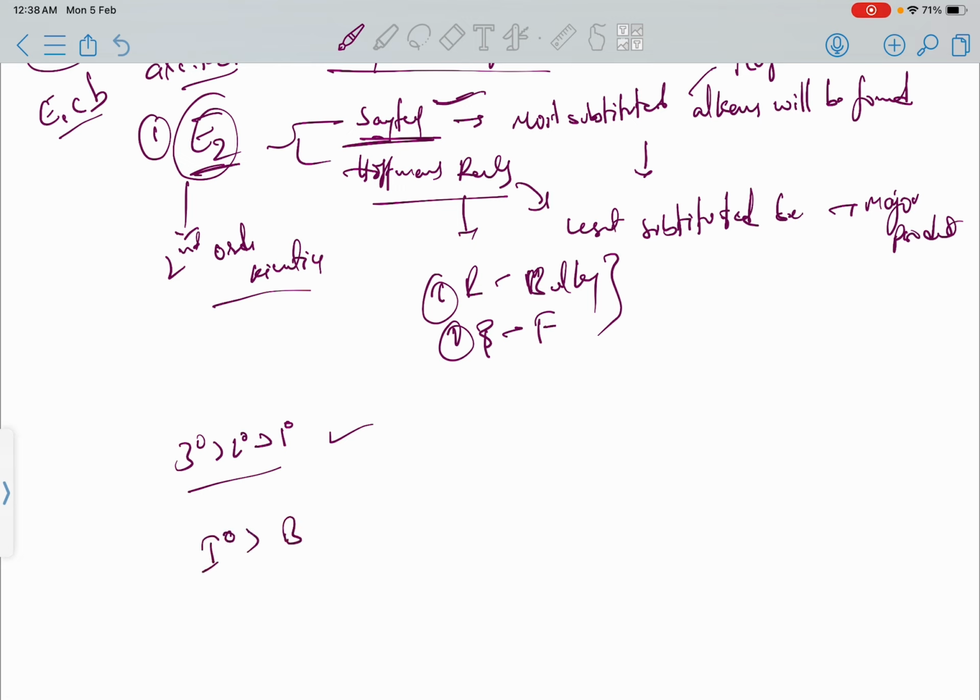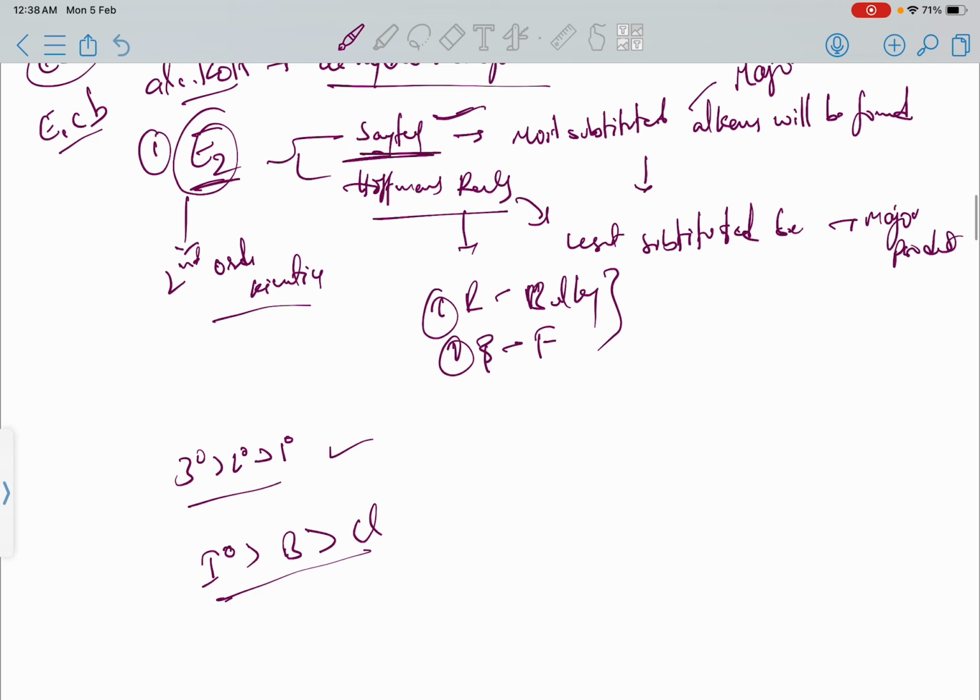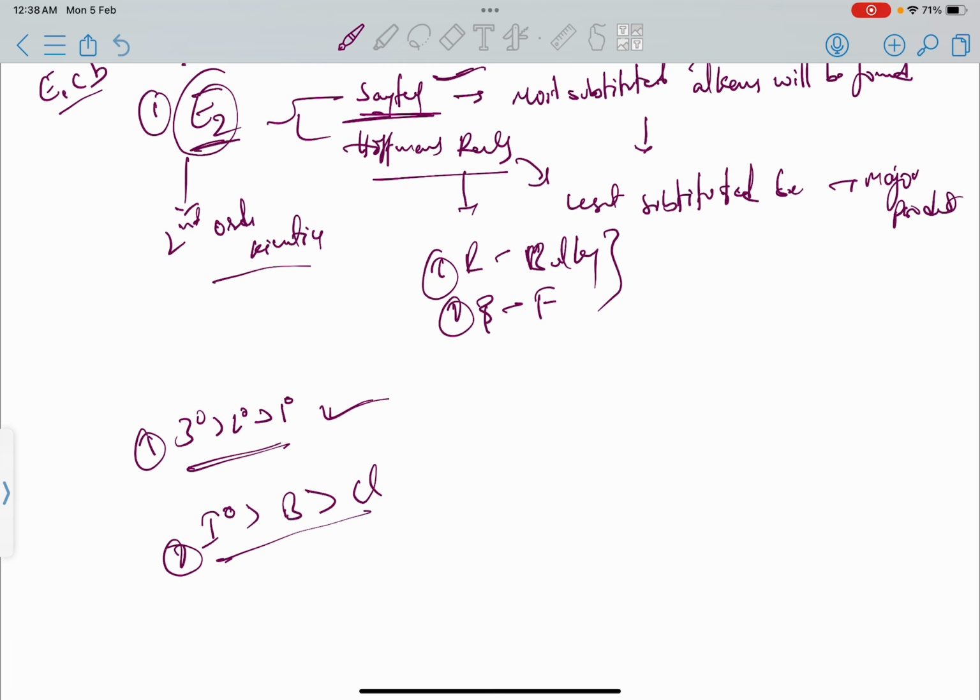Next, bromine, then chlorine. This is the ease of the reactions. This is first and this is second: the ease of reaction for tertiary, secondary or primary, and the ease of reaction for the halogens here.